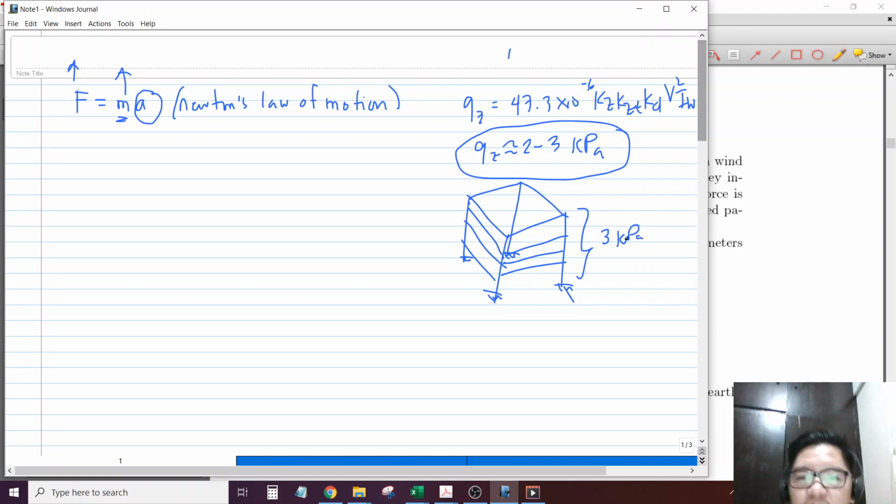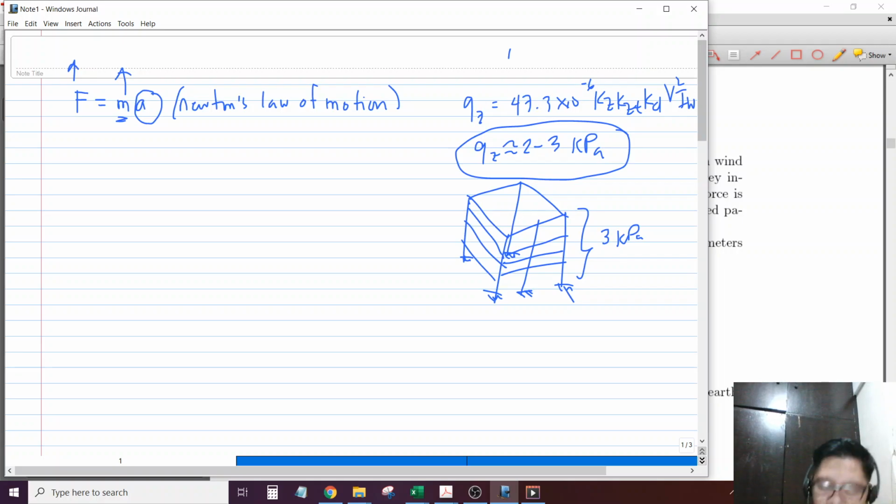Then multiply mo lang sa tributary ng column. So basically, yun lang yung pressure. Whereas sa earthquake, habang bumibigat yung structure mo, tataas din yung force mo.